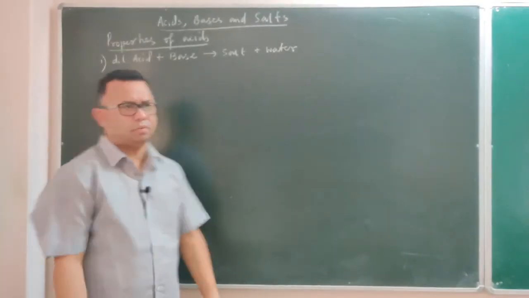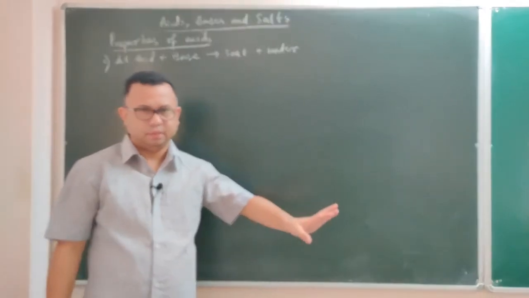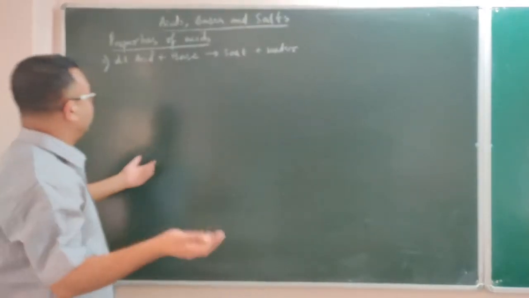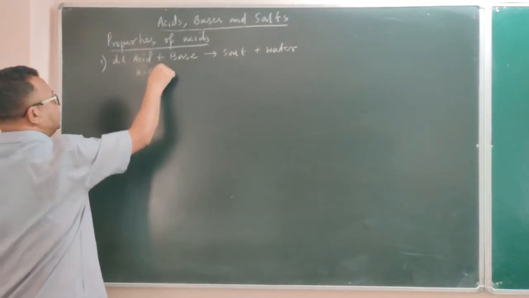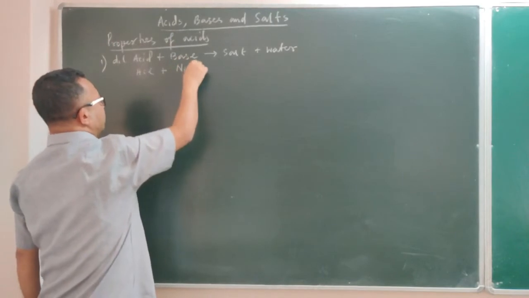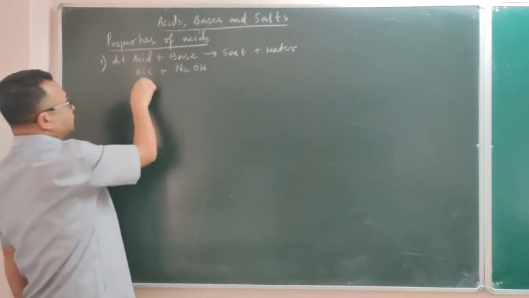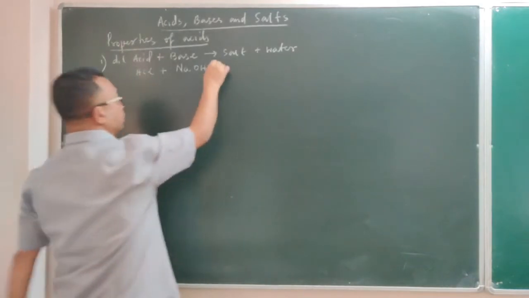Okay, let's take one example. By the way, this reaction you can write for any acid and any base, but I'll just pick one reaction. Let me take one acid, hydrochloric acid, and one base, the most common base here, sodium hydroxide. So acid is this one, base is this. Now when acid reacts with the base, the products are salt and water.